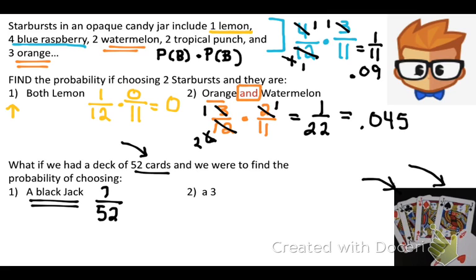There are 2 choices, and that just reduces to 1 over 26. And you could change that to a decimal or a percent. How about choosing a 3? We could have a 3 of hearts, a 3 of diamonds, 3 of spades, 3 of clubs. So that would be 4 different kinds of 3s over 52, and that reduces to 1 over 13.